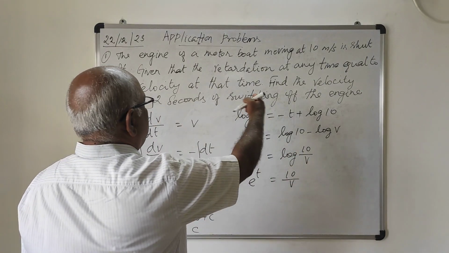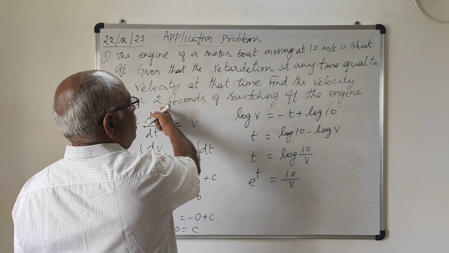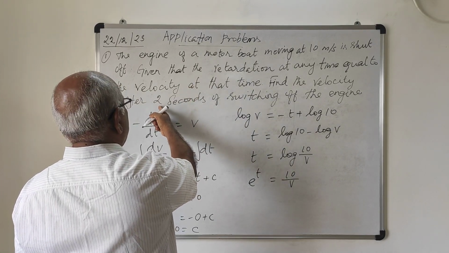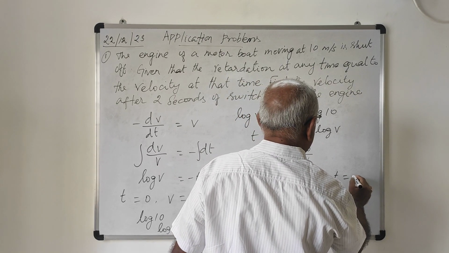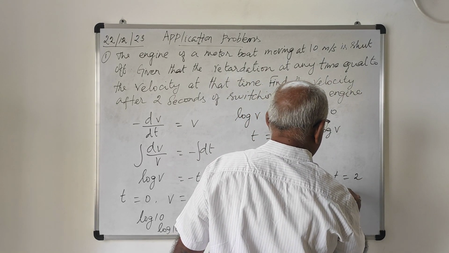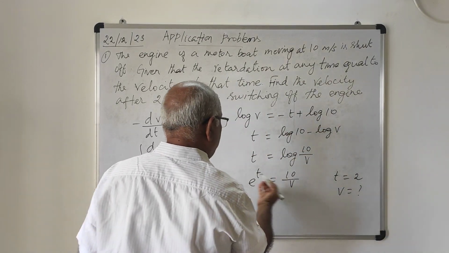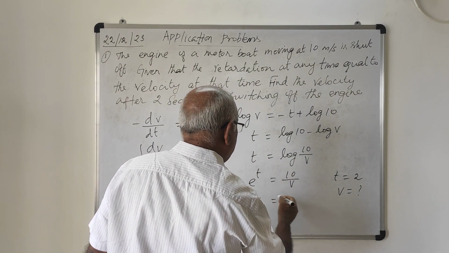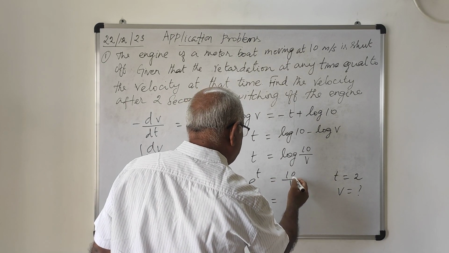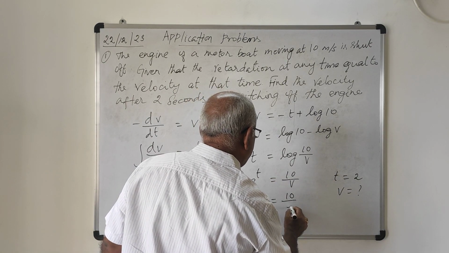Now our question is to find the velocity of the motor boat after 2 seconds of shutting off the engine. So when t equals 2 seconds, v equals 10 by e power t.